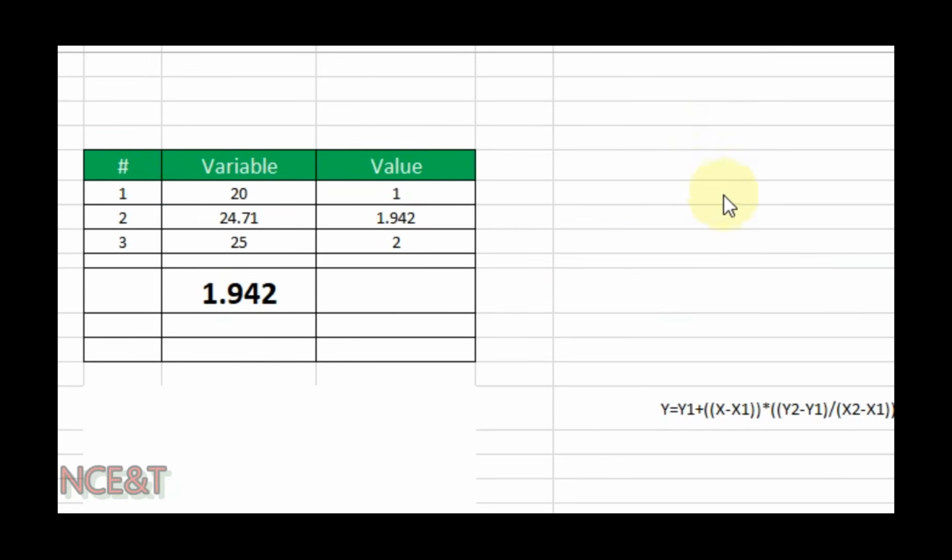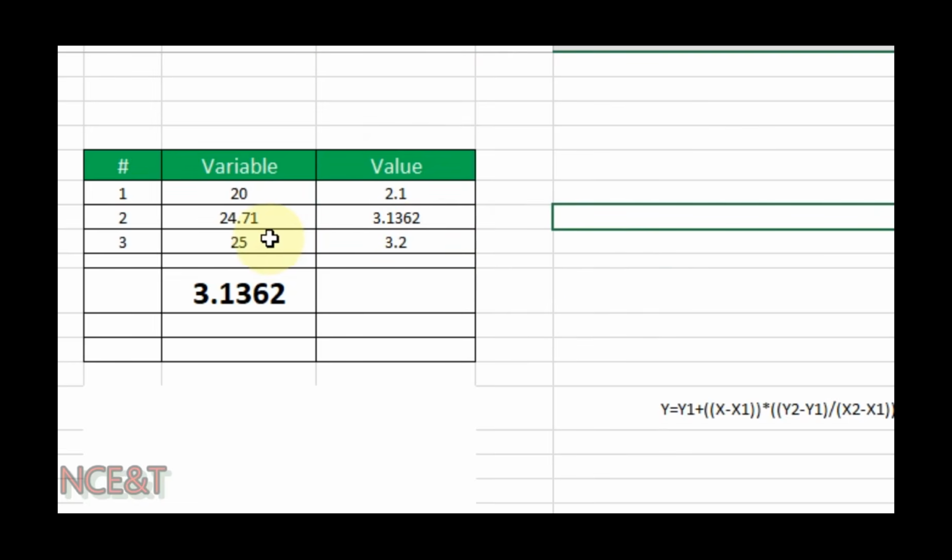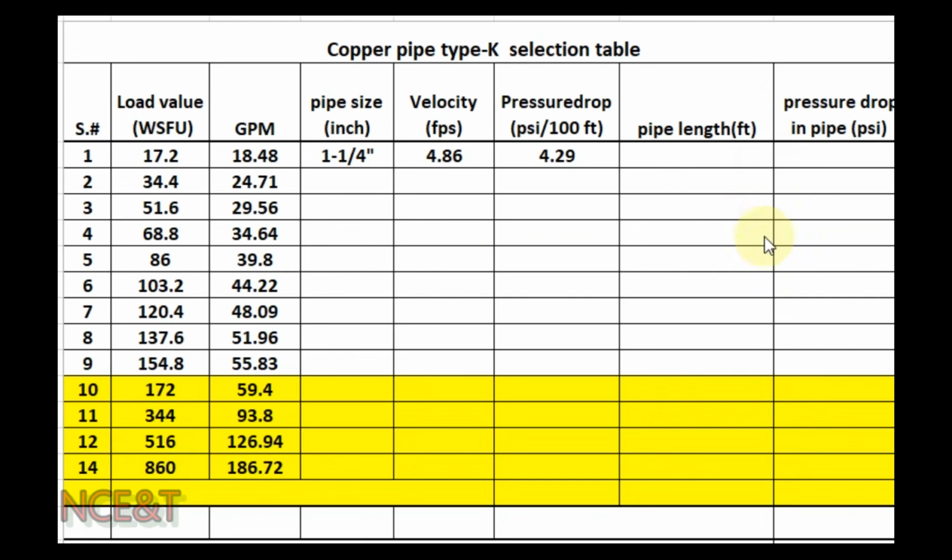Similarly, for head loss, for 20 GPM we have the head loss 2.1 psi per 100 feet, and for 25 GPM we have the head loss 3.2. So for 24.71 we have the head loss 3.136, which means 3.14. Let us fill these calculated values in our Excel sheet.